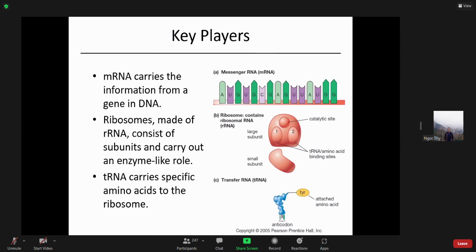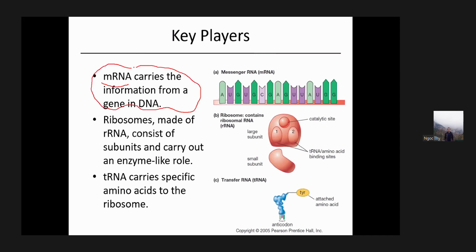So there are three main components that play a role in translation. First is the mRNA, which is used as a template. So this is the template for the translation.